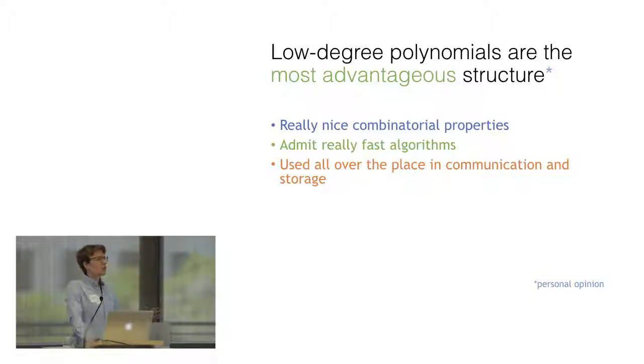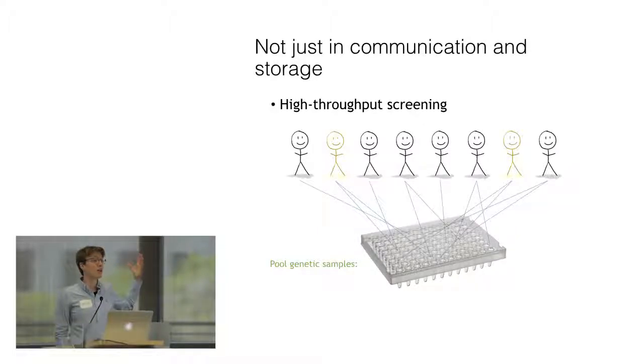And so the story I want to tell you today is that these things are useful not just in communication and storage. Let's return to one of those examples that I had before, this high-throughput screening example. Suppose I have all of these people, and a few of them have some SNP in their DNA, and I want to figure out what it is. Or I want to figure out which people have it. And I have some test that I can run that will identify people.